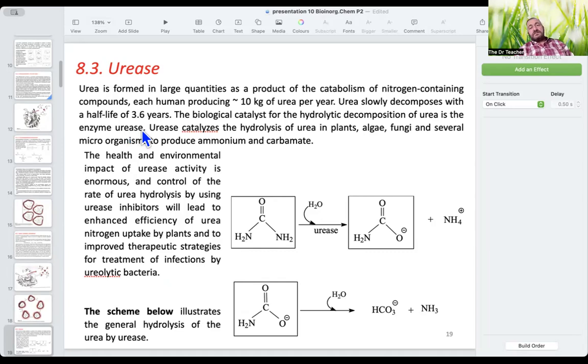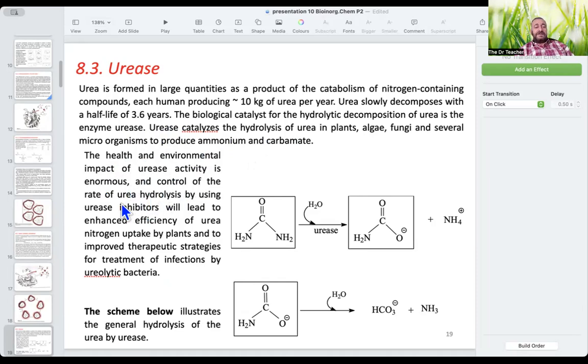So urease catalyzes the hydrolysis of urea. And what is happening here? Urease catalyzes the hydrolysis of urea in plants, algae, fungi, and several microorganisms to produce ammonium and carbamate. So the health and environmental impact of urease activity is enormous.